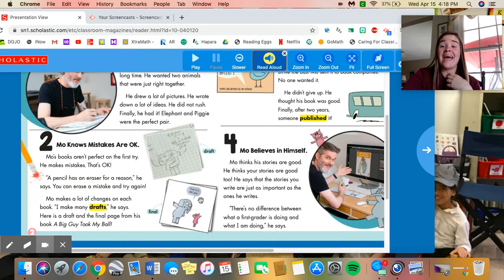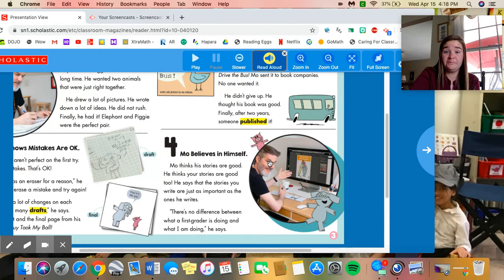No. It had to go through editing, and he had to redraw it, and he had to color it, and he might have even had to change the words. Yeah, in the beginning it says, that guy is bigger than me. That's what he thought he was going to say first. But then the final page says, this is a big guy. So he made mistakes. He had to go back and rewrite what he had done to make it better.